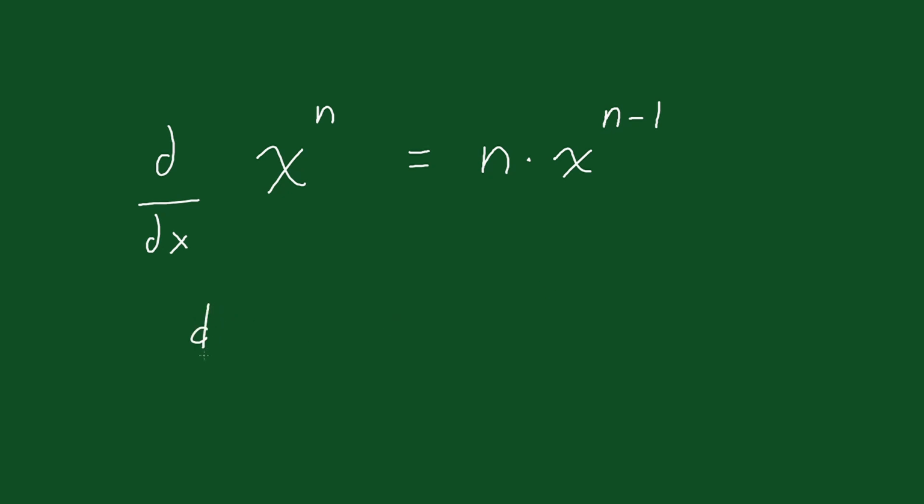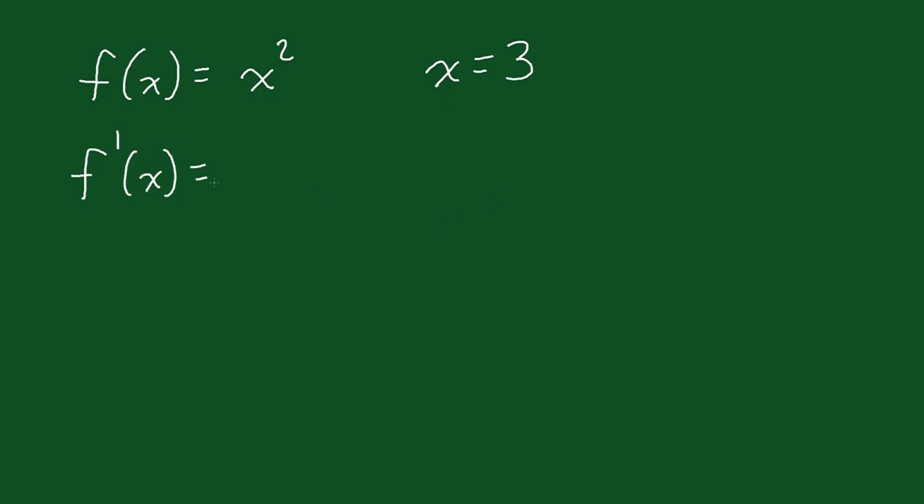So if you decide to take the derivative of x to the exponent 5, the answer you're going to get will be 5 times x to the 4. It may look more complicated than it is, but I assure you the more practice you do, it's going to get a lot easier. That is the first derivative rule, and in the next few videos we're going to look at the rest of those rules.